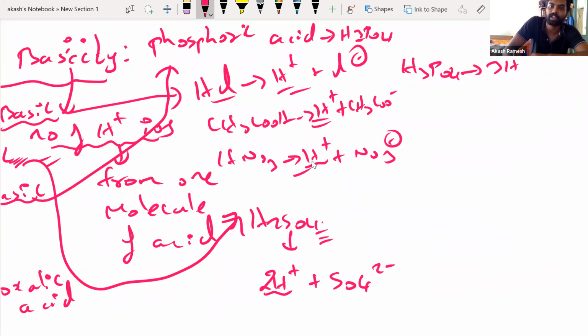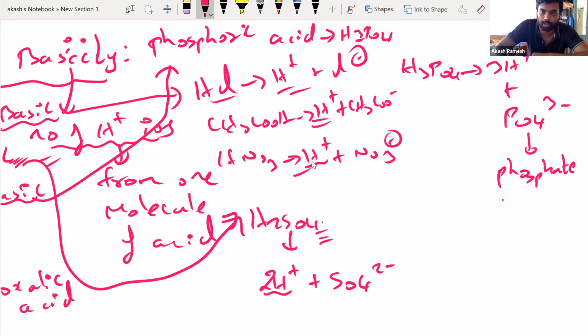H3PO4 will give 3 H plus ions plus PO4 3 minus ion. PO4 3 minus is called the phosphate ion. I think we saw this phosphate in the first chapter, even though we didn't see any reactions as such. So it is giving me 3 H plus ions, so it is going to be a tribasic acid.